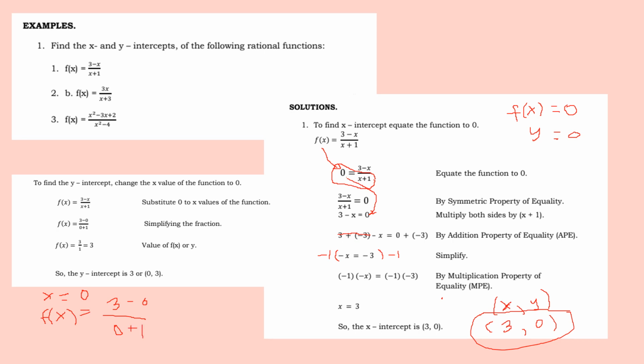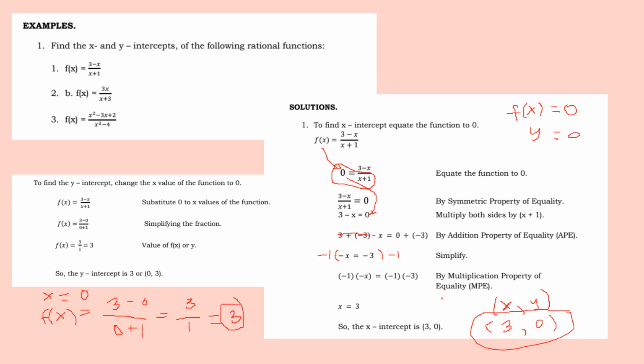Okay, let's simplify that. 3 minus 0 is equal to 3. 0 plus 1 is equal to 1. 3 divided by 1 is equal to 3. So, our y is 3.